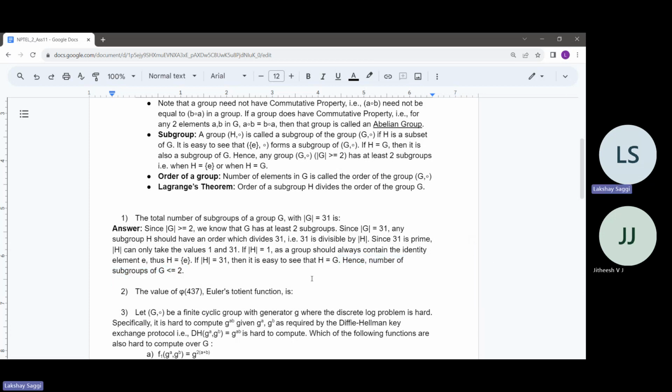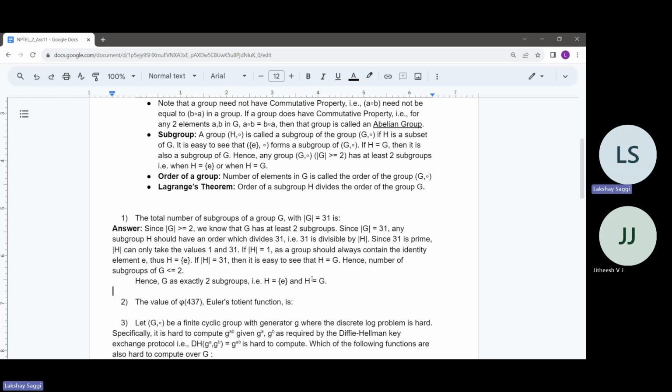So from these two statements, we claim that G has exactly two subgroups: H equal to the identity element and H equal to G. These are the only two subgroups.